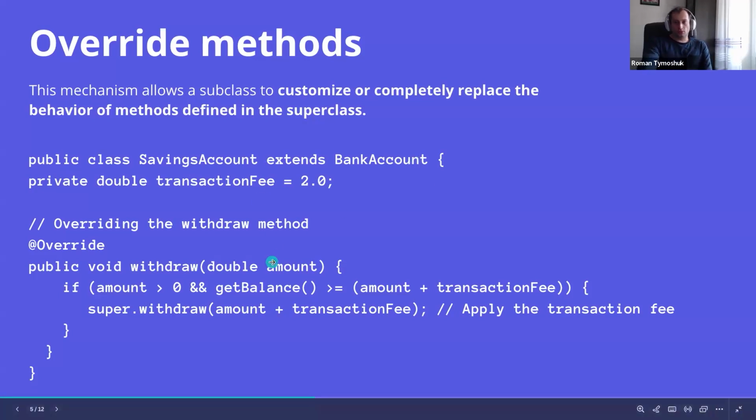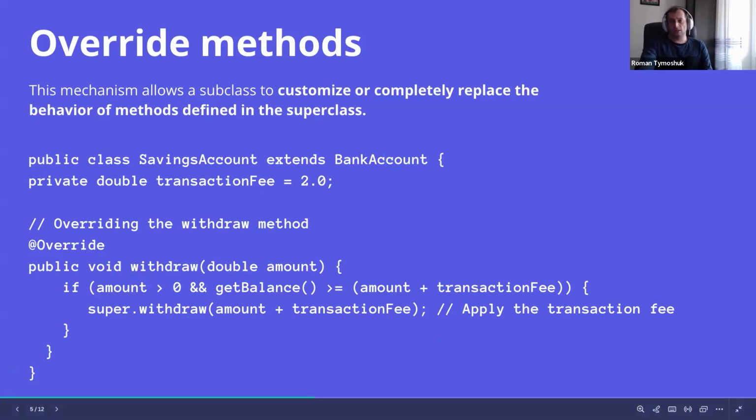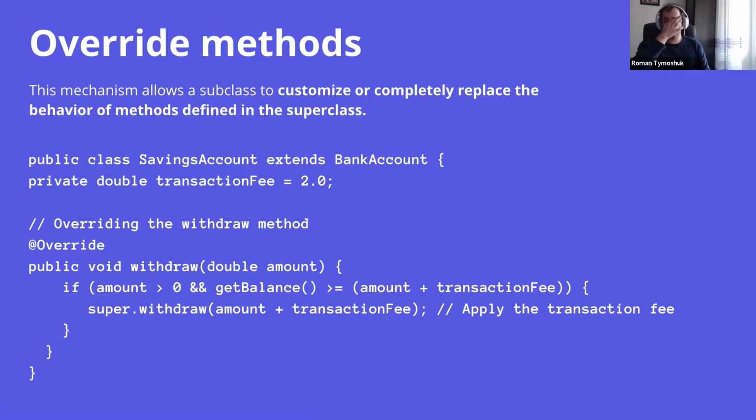We have a method withdraw. Method withdraw overrides the basic implementation implemented in the bank account. Previously, you remember that we were just subtracting some amount of money from your account and checking if it's a valid transaction or not. But here, in case we are talking about a savings account, we may have additional transaction fees.